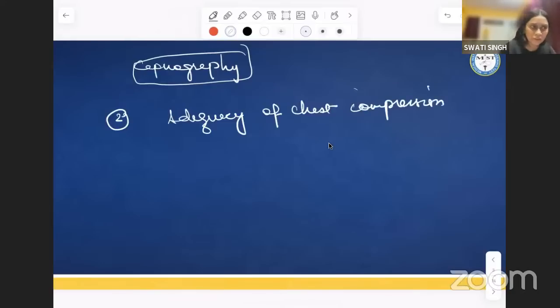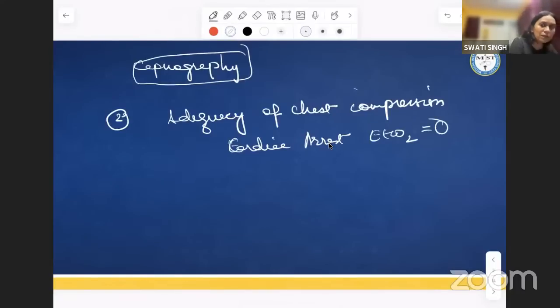One very important thing which capnography tells us. See, if your patient is in cardiac arrest, the ETCO2 will be 0 because there will be no circulation. And when you start chest compression, the graph will start returning. So when we do the chest compression from 0, the graph starts returning.